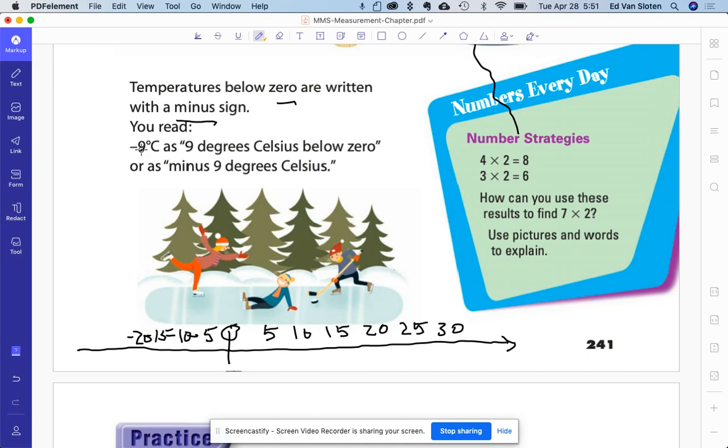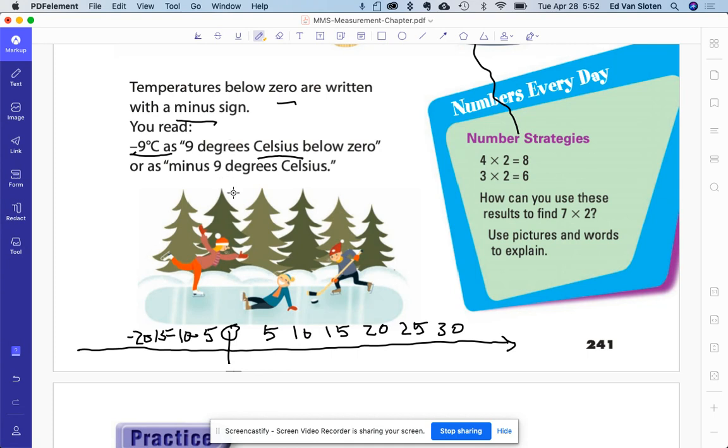Okay, again, how do we say this? We do not say minus 9 circle capital C. We say 9 degrees Celsius below 0. The Celsius is important because our friends in the United States, they're not very smart. They use something called Fahrenheit.